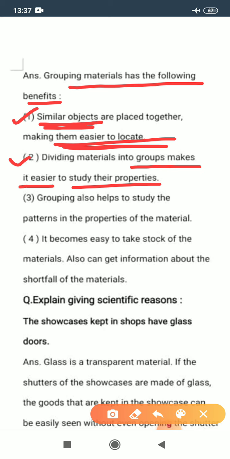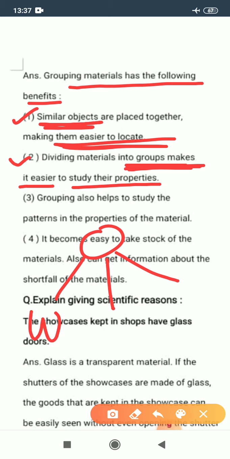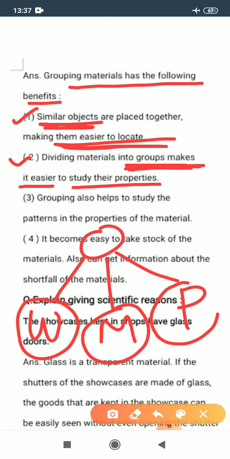So I will divide these objects into 3 categories: objects made with wood, objects made with metal, and objects made with plastic. With the help of this grouping, I can study this material easily.